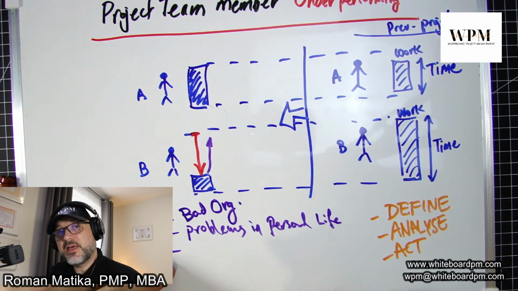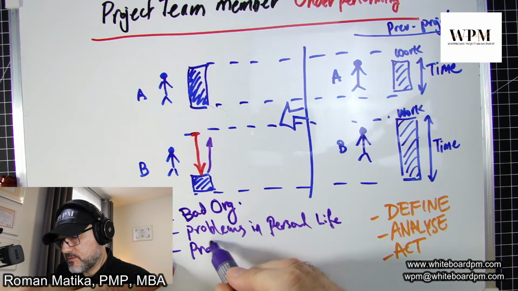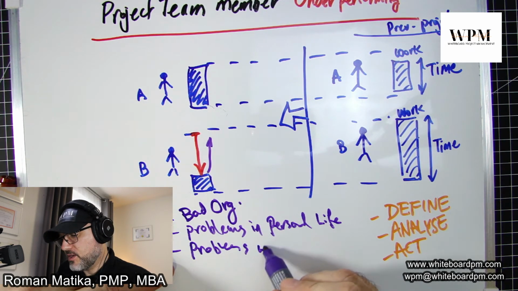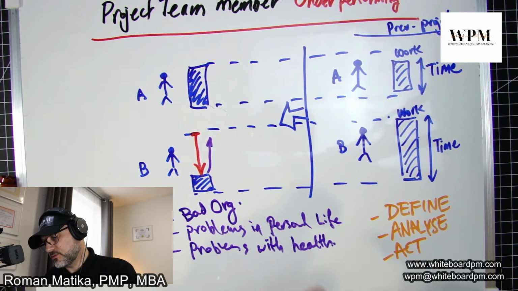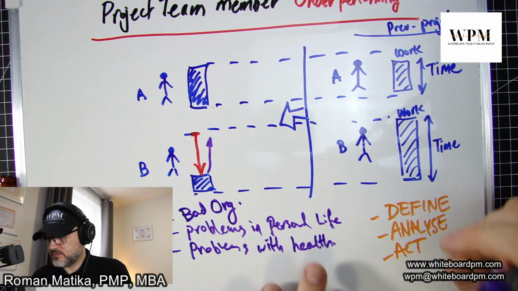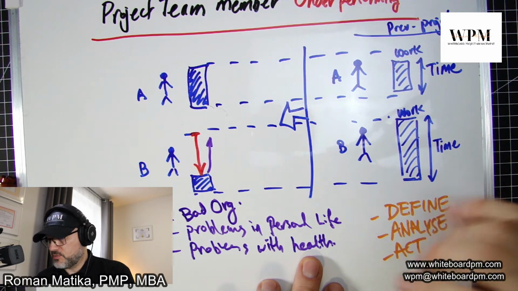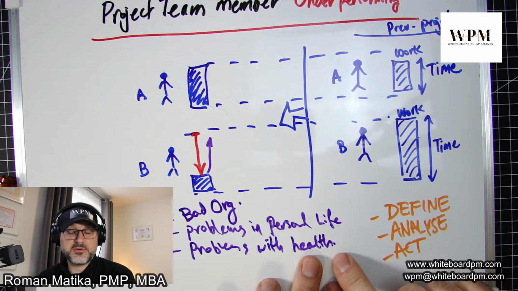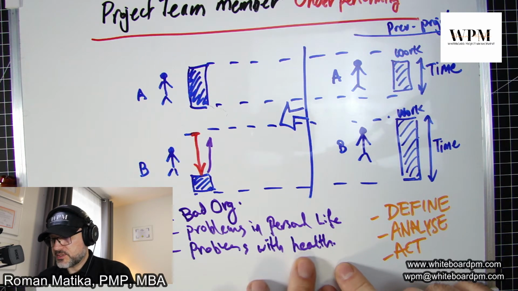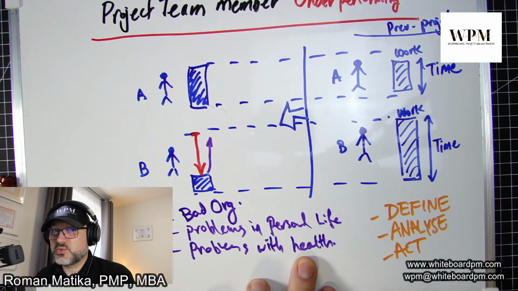Other problems could be problems with health. This person could face some health problems like heart problems, high blood sugar, high blood pressure or others. So this person could have some problems with health, then he is not performing as usual.